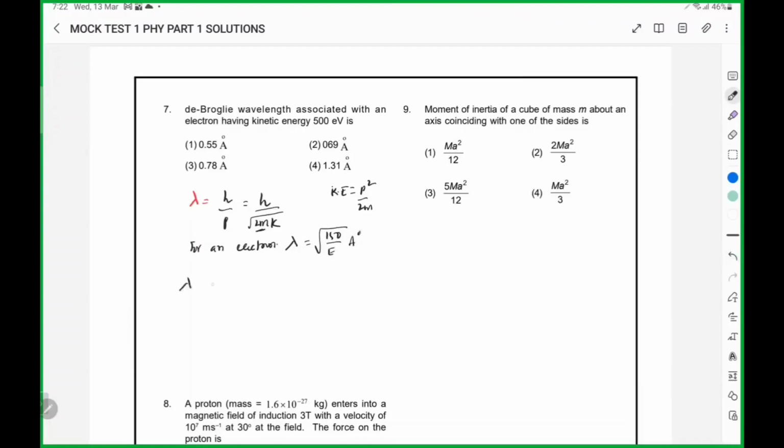So this will be 150 by, this energy must be in electron volts, it is 3 by 10 Angstrom units. 0.3 is roughly 0.5, whole square is 0.25, so 0.55 Angstrom units.